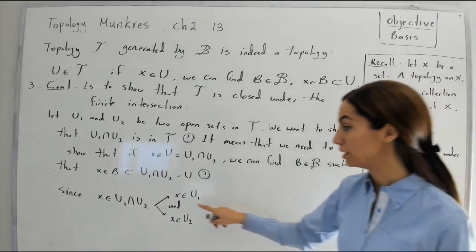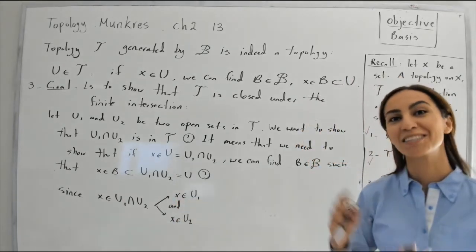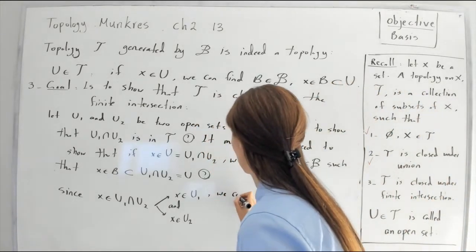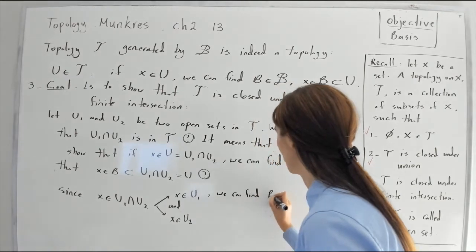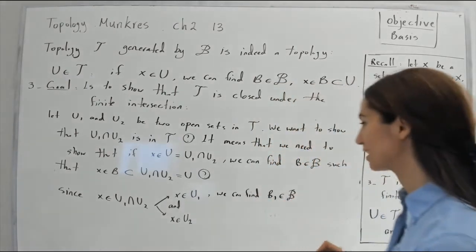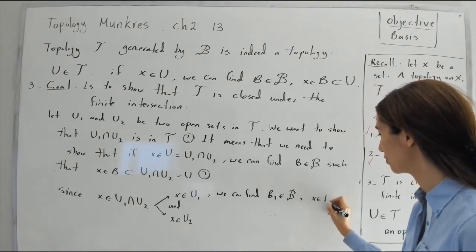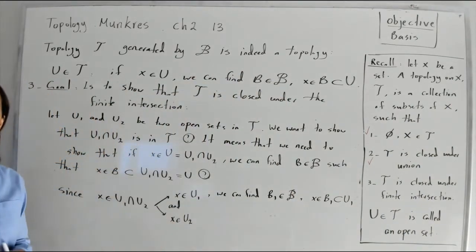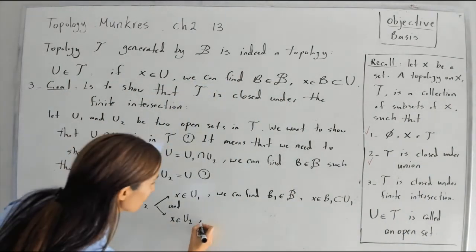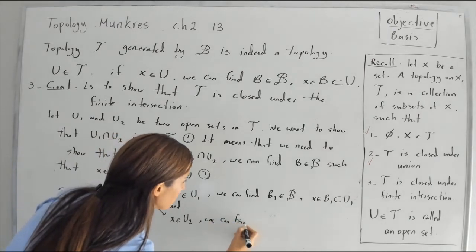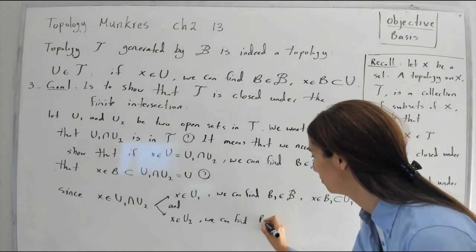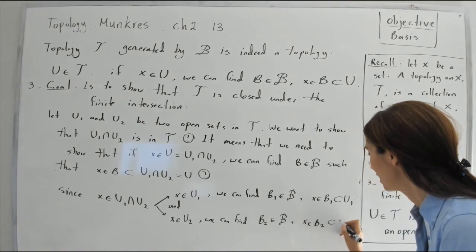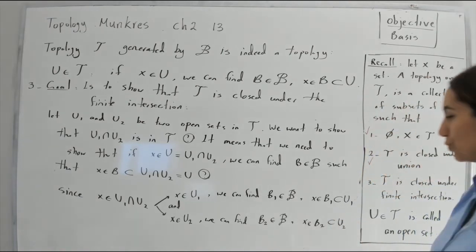It means that since X belongs to U1, there is a basis element B1 in the basis such that X belongs to B1 and it's included in U1. Also, U2 is an open set in our topology, so we can find another basis element B2 such that X belongs to B2, which is a subset of U2.